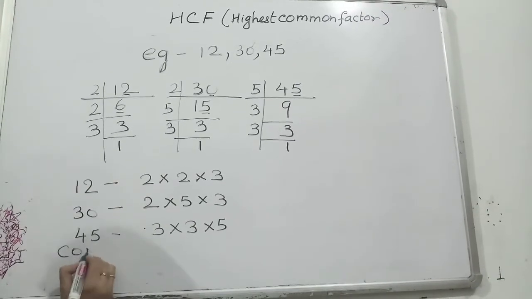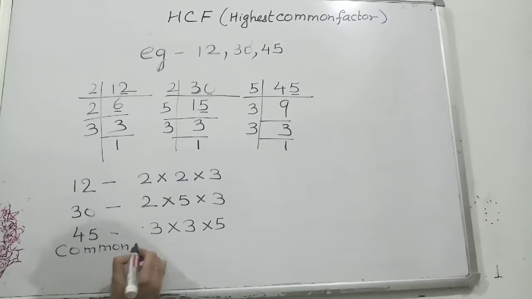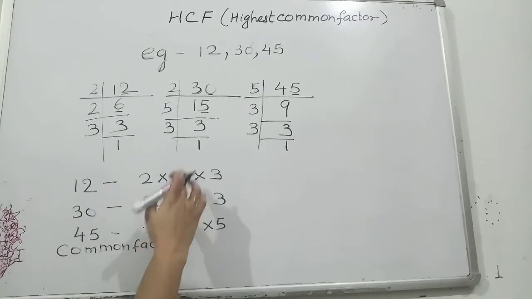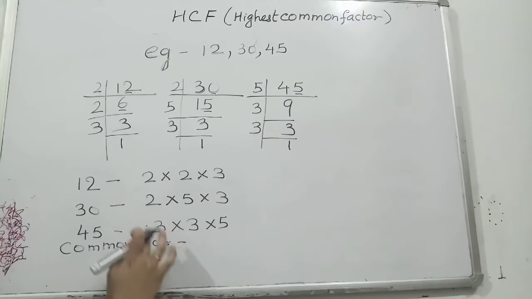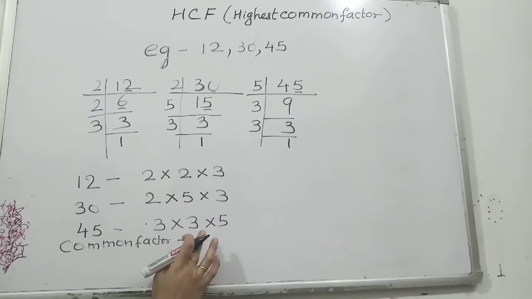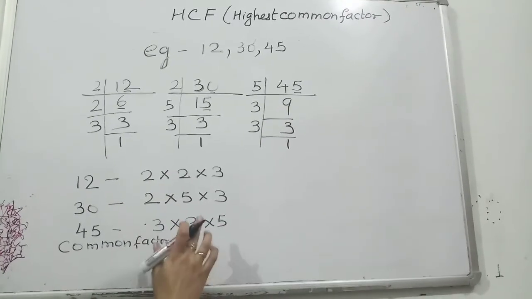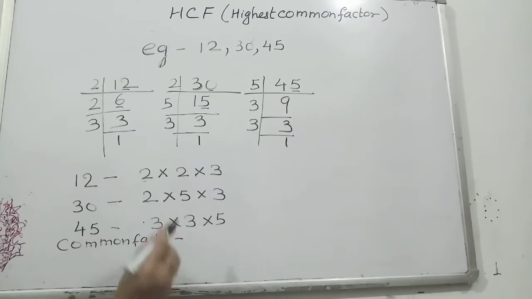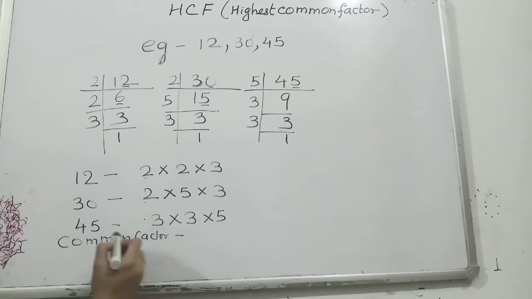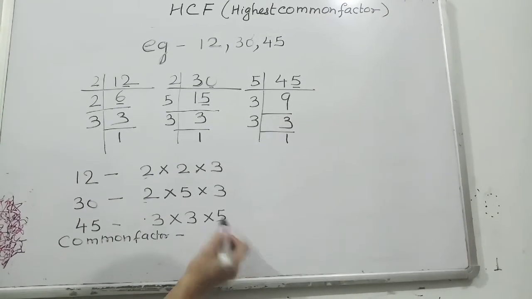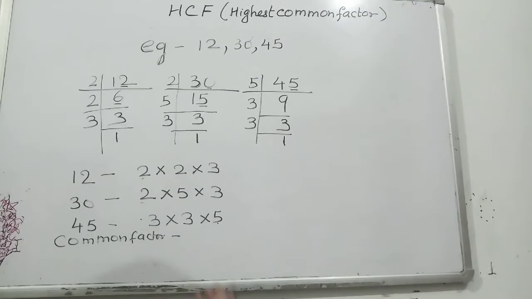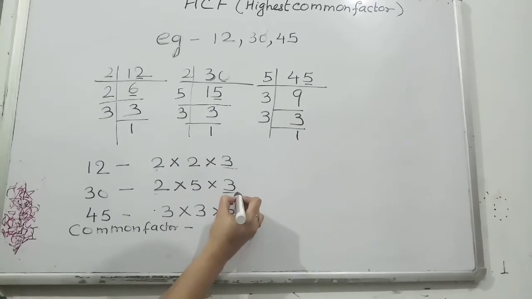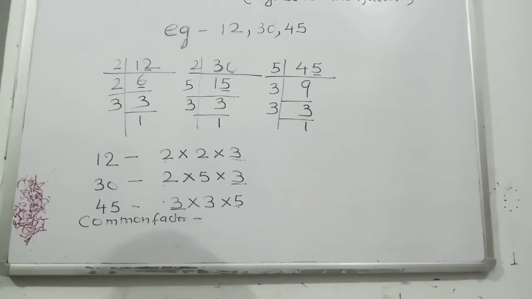Then next I will find out the common factor. We have to look for a factor that is common in all three numbers. Let's check from 2. 2 is here, here, but not in the factors of 45. Again I will check 3. 3 is here. This 3 is also there in 30 and 3 is there in 45.